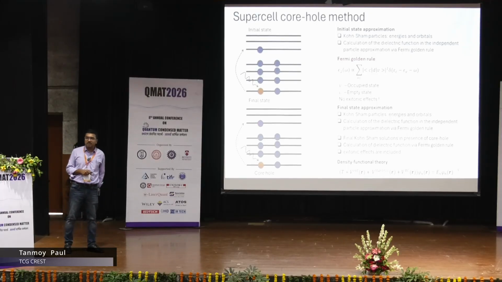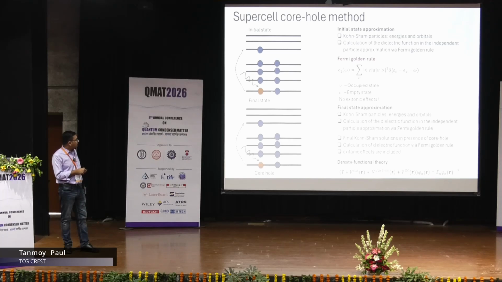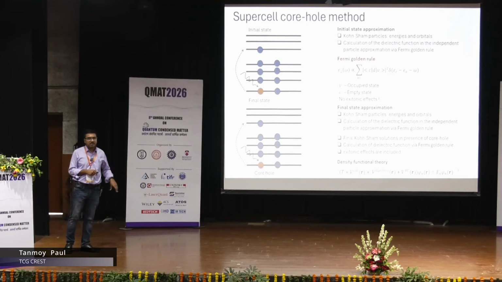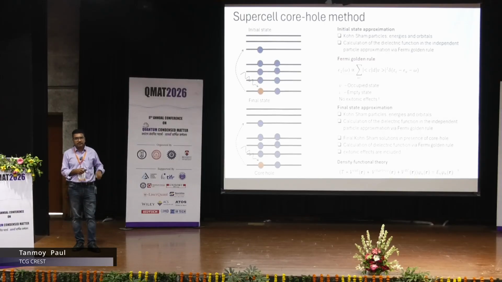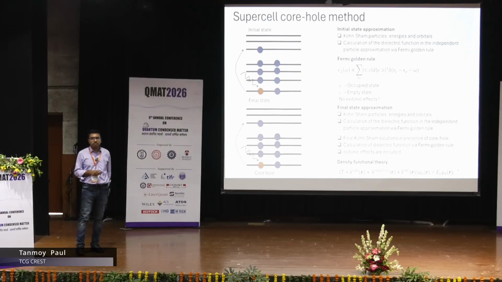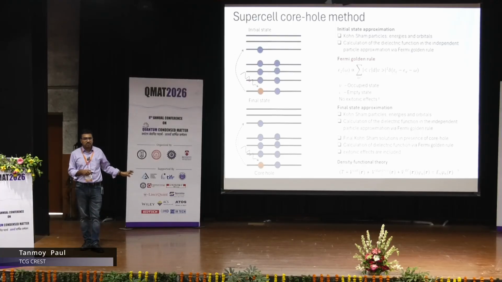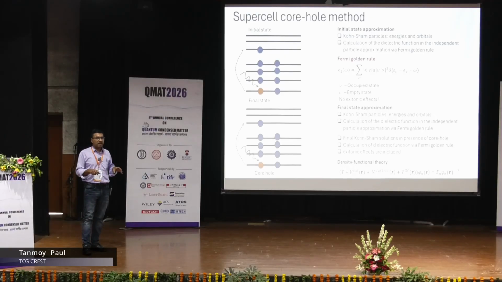Because of the positively charged core hole there will be a charge effect, and for that reason we need to consider the supercell concept, because due to the positive charge of the core hole we have an image charge effect, so we need really big supercell calculations.